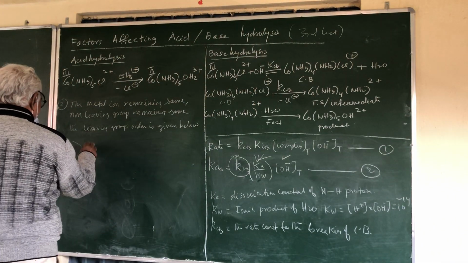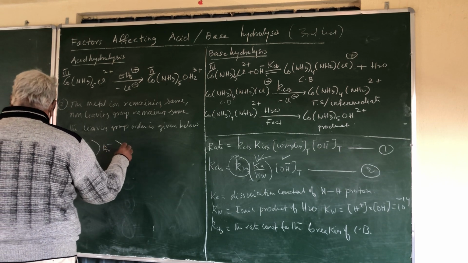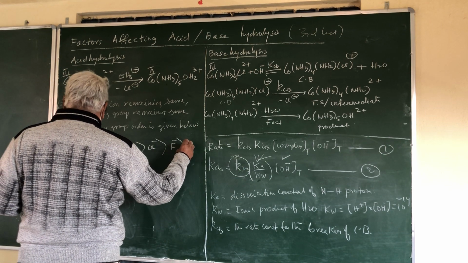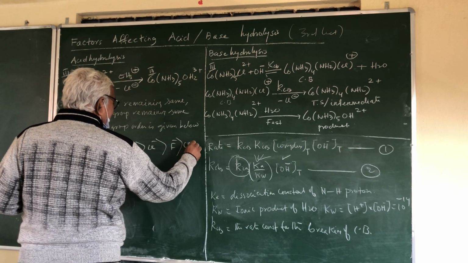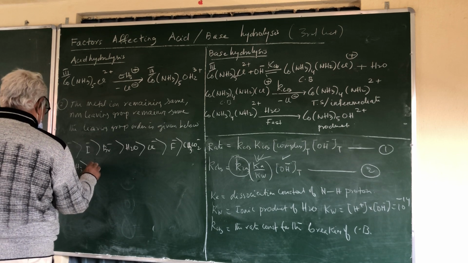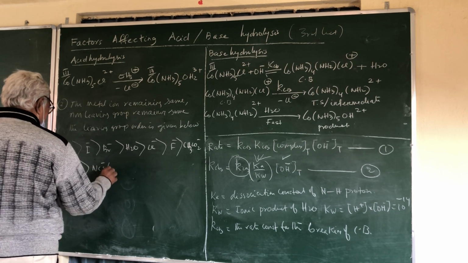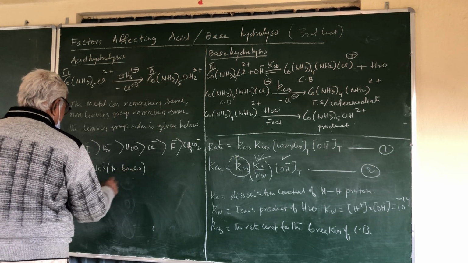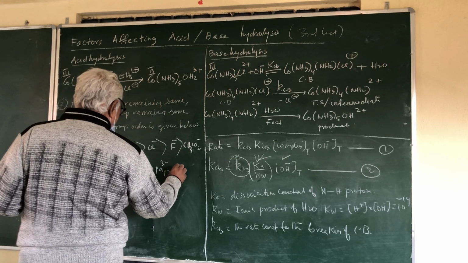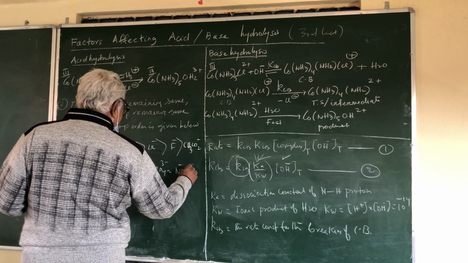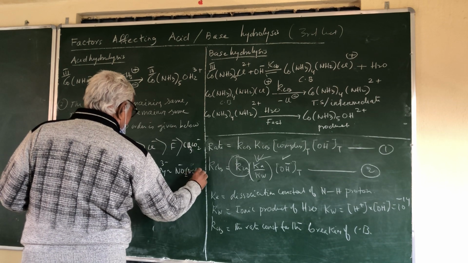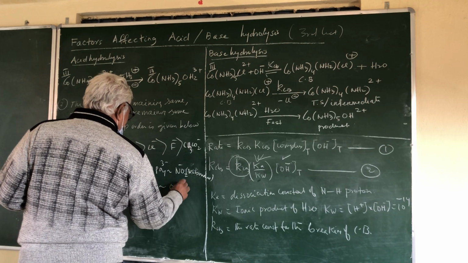Nitrate is greater than iodide is greater than bromide is greater than water is greater than chloride is greater than acetate is greater than ammonia is greater than NCS, N-bonded, is greater than phosphate, is almost equal to nitrite, and water is almost equal to hydroxide.